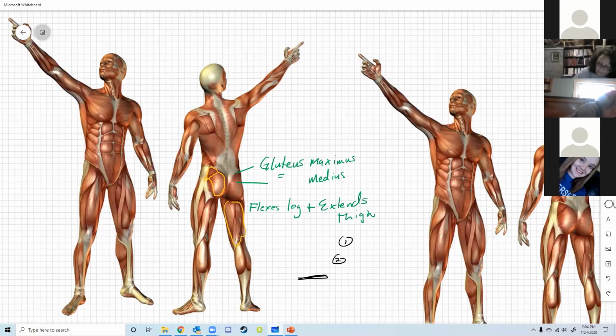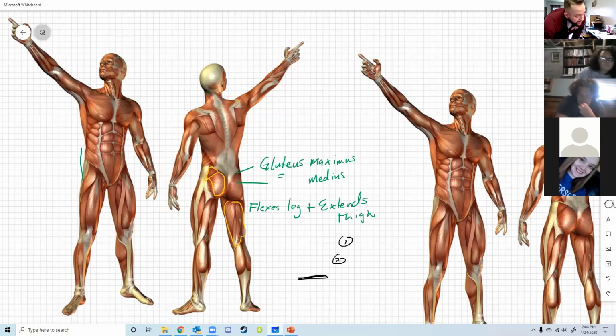So what does that look like? If I'm going to take my leg and flex it, that means I've got to take this area and make this angle smaller. Right here's what I'm talking about.